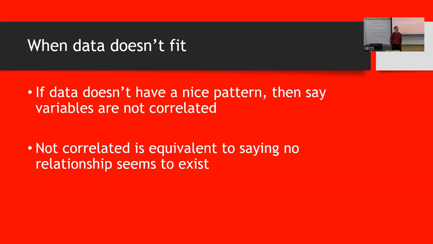The number of beers someone drinks and their blood alcohol level are correlated. All right. Correlated means there looks like there's a pattern here. Not correlated means there doesn't look like there's a pattern. Right? No mathematical relationship that's any good exists in that scenario.